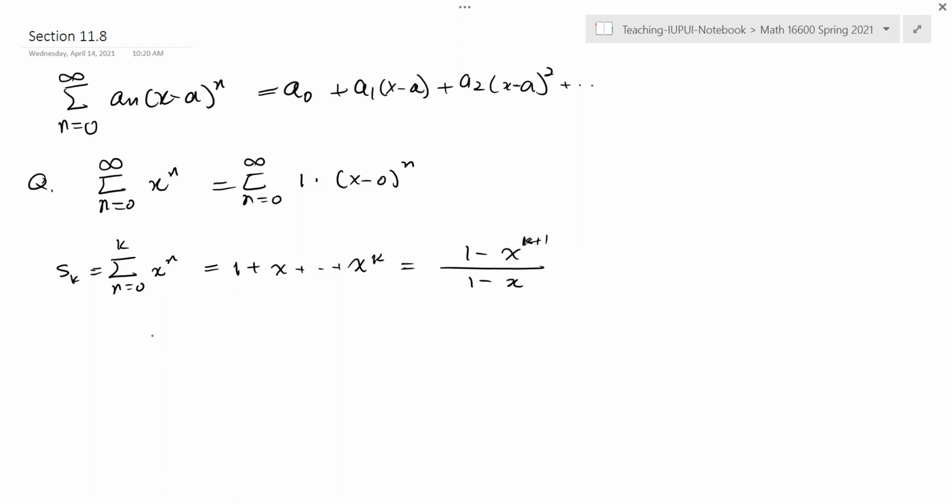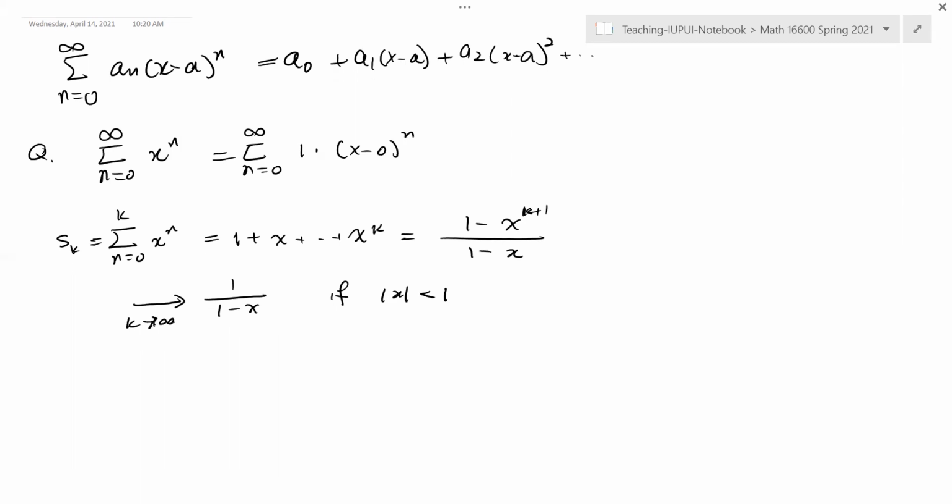We know that this converges to 1 over 1 minus x if the absolute value of x is less than 1, as k approaches infinity.